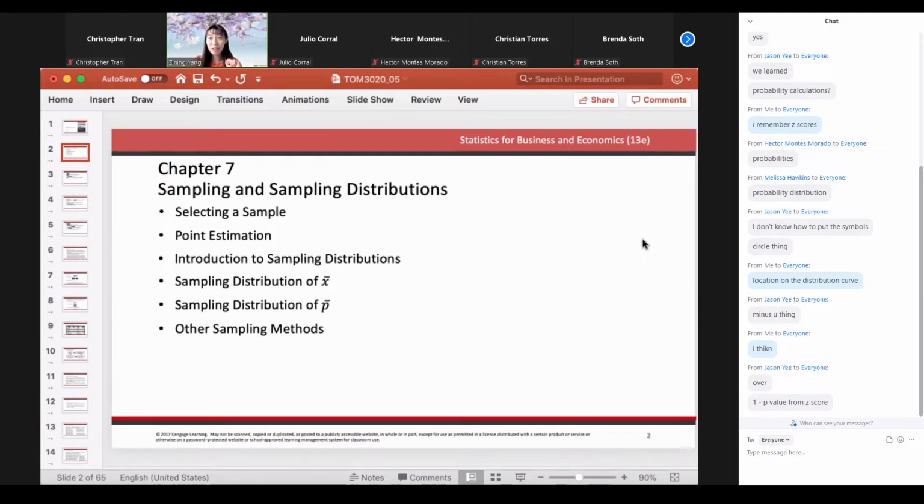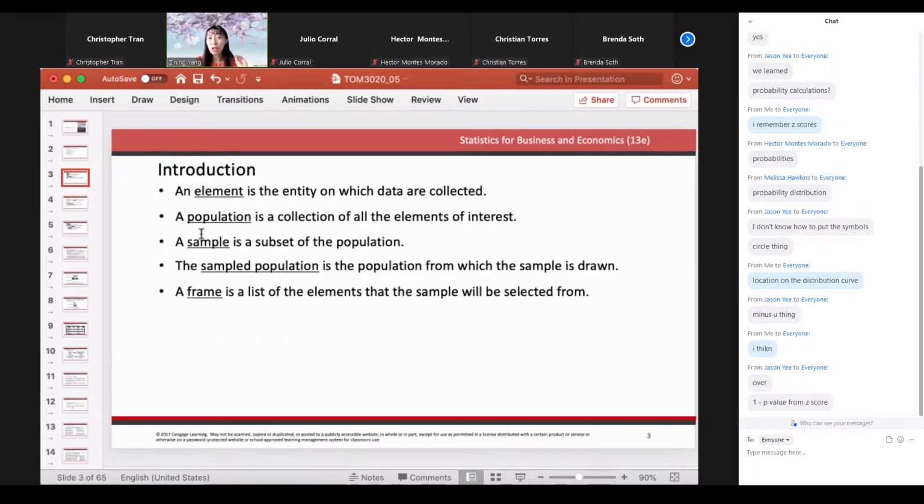Chapter 7 is about sampling and the sampling distribution. So again, instead of the probability distribution for the population, now we do probability distribution for the sample. We can start with a few quick concepts.